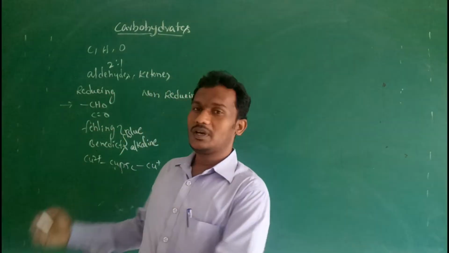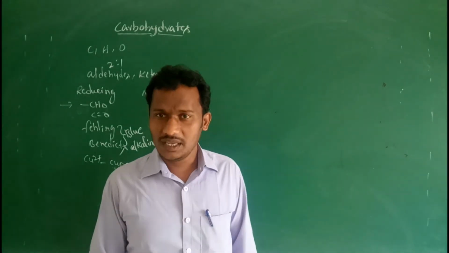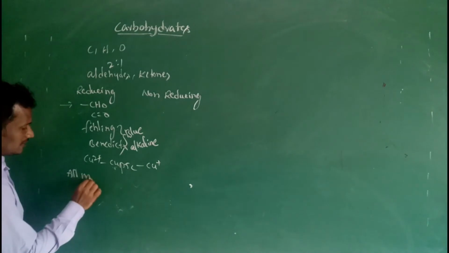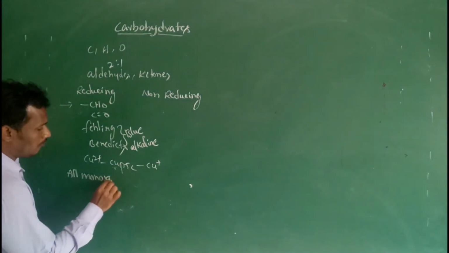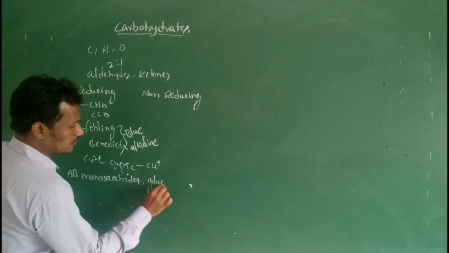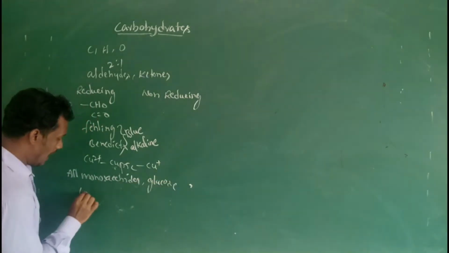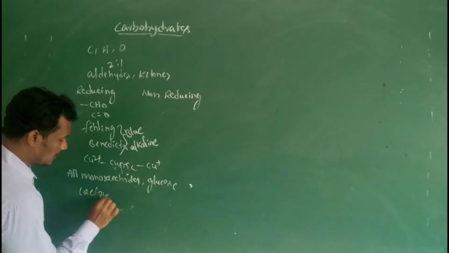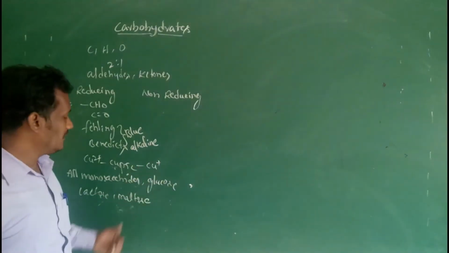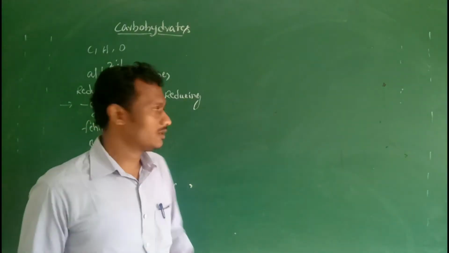The best examples are all monosaccharides, then glucose, lactose, and maltose. These are examples of reducing sugars.